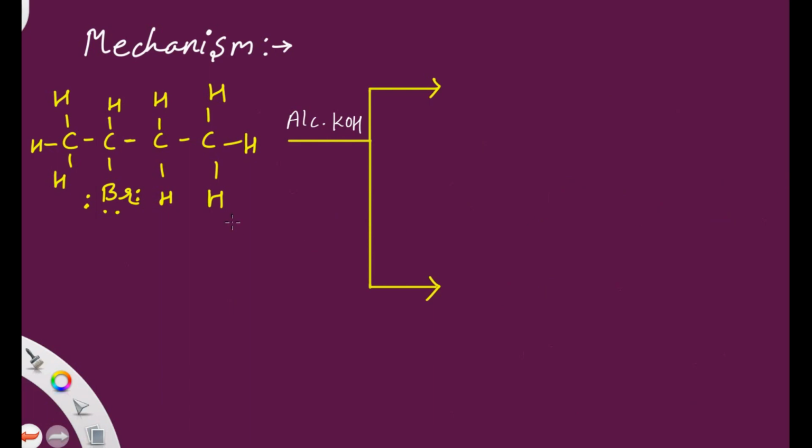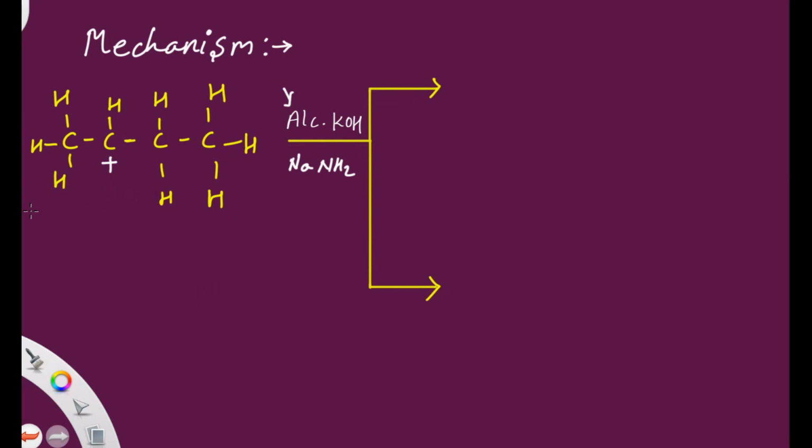Now we have to remove one bromine group, so let there be any group that can abstract halogen, like alcoholic KOH or NaNH2, right? Now the first step is removal of bromine, so we just remove it. When bromine is removed, there is a carbocation, right?